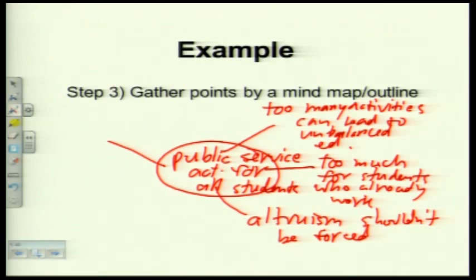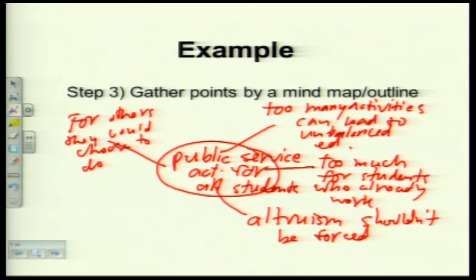So for other students who are not occupied in other ways, they could choose to do that as extra credit. So this is my mind map.